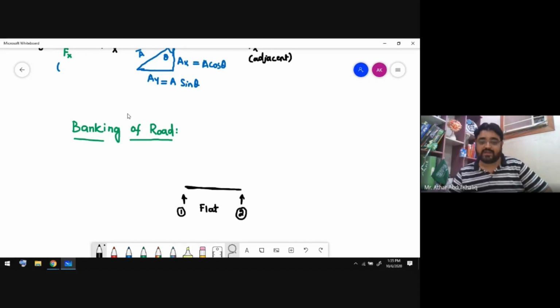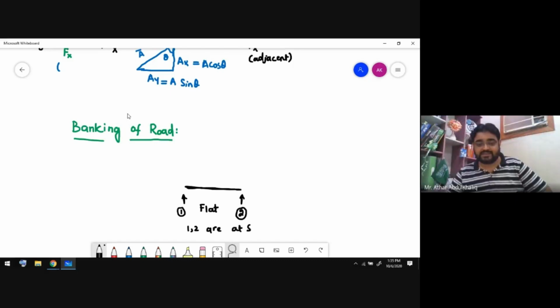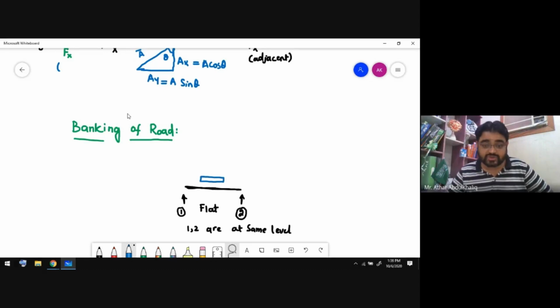Both are at the same level. And when they are at the same level, if you are driving a car on it, as I tried to draw previously, this is your car that you are driving away from me, and these are the wheels of the car.